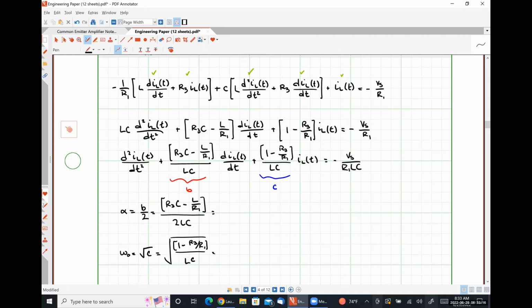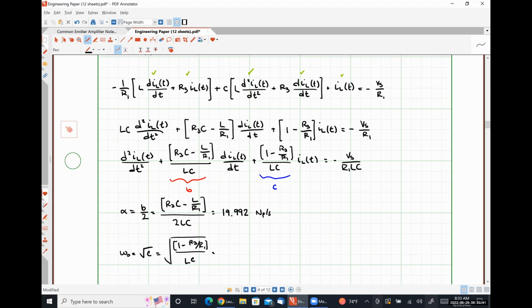And I divide this whole thing by 2 times L, 0.05, times C, 0.6. And I get alpha to be 19.992 radians per second.